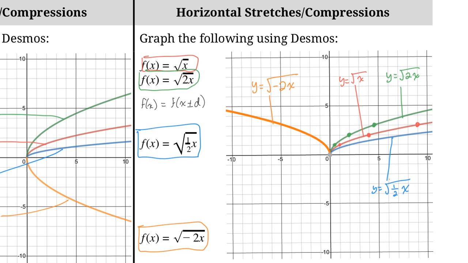And to really see this, we need to rewrite this in terms of x, because again, all of these are in terms of y, if you remember from our last video. These all have y equals the square root of x. So if we rewrite this in terms of x, meaning we want it to say x equals, we would need to then isolate x. So to get x on its own, we need to get rid of the square root.